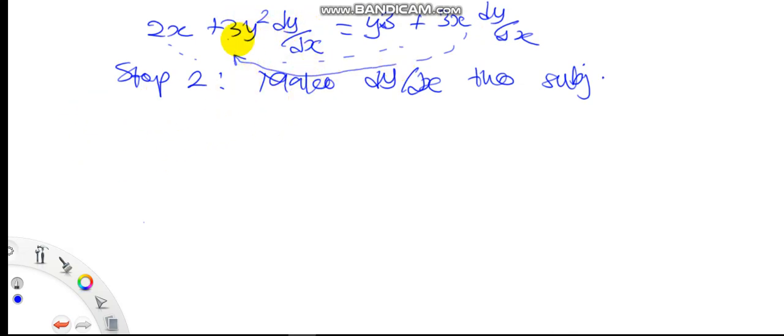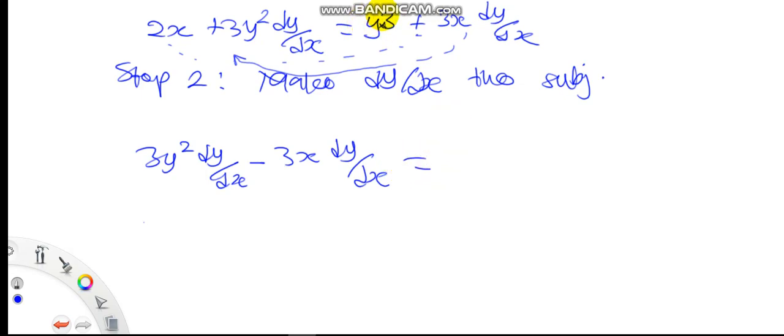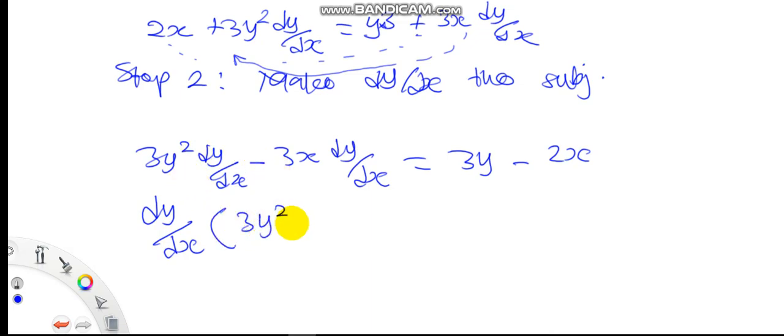So let's just say we already have 3y squared dy/dx here. Okay, if plus 3x dy/dx comes over, the sign changes to negative, so it goes minus 3x dy/dx is equal to, we already have 3y here. When plus 3x squared comes over, it changes to minus 3x squared. Okay, so now let us factorize dy/dx. So dy/dx, we take it out, and what is remaining inside, we have 3y squared minus 3x, this one.